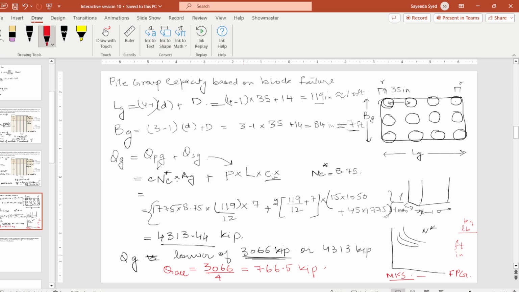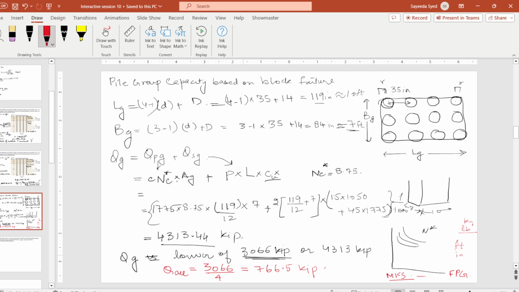Let me merge these two questions. So the allowable working load is 502.